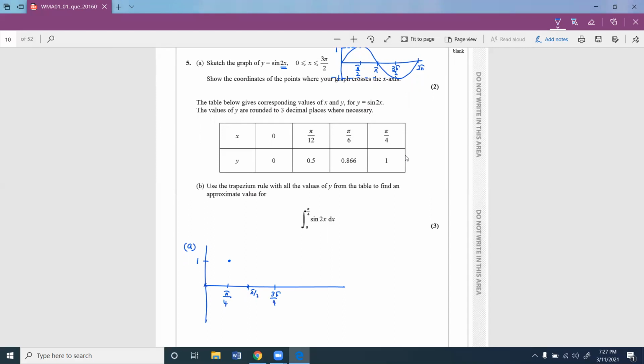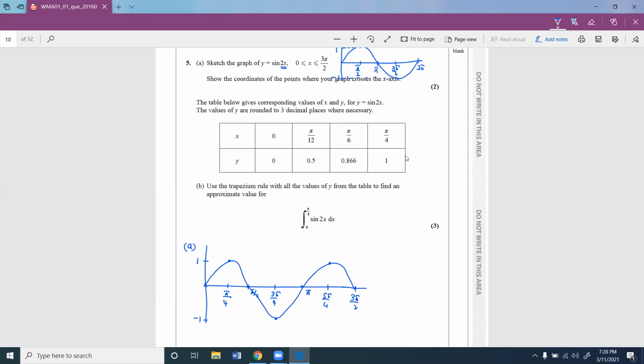That is over here, minus 1. This 2 pi turns into pi. We need to work out up to 3 pi by 2. The next value turns into 5 pi by 4, which is again 1. The next one is 3 pi by 2. So if you draw the graph, it's just like this. The only thing is that all the x coordinates are divided by 2.